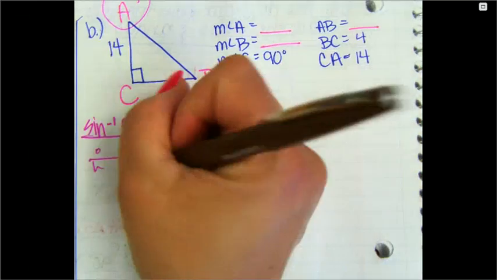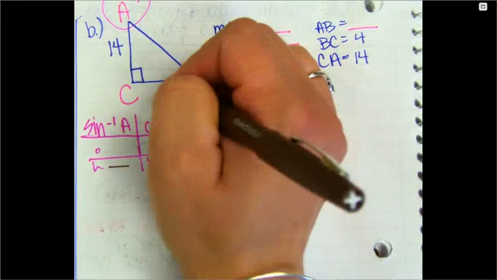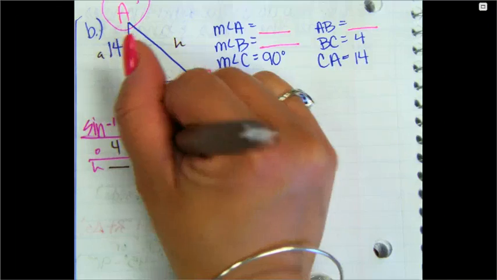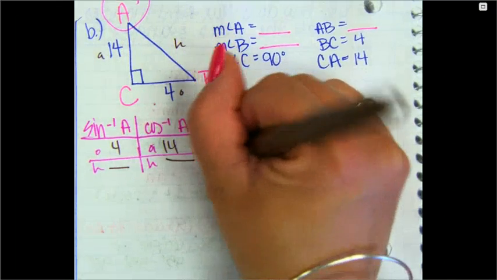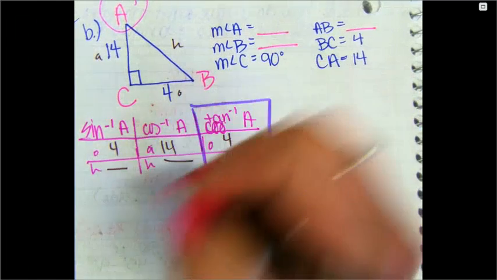It's a line. What's your opposite? Opposite is a 4. What's your adjacent? Good. What am I using? Tangent, what? Inverse, good.